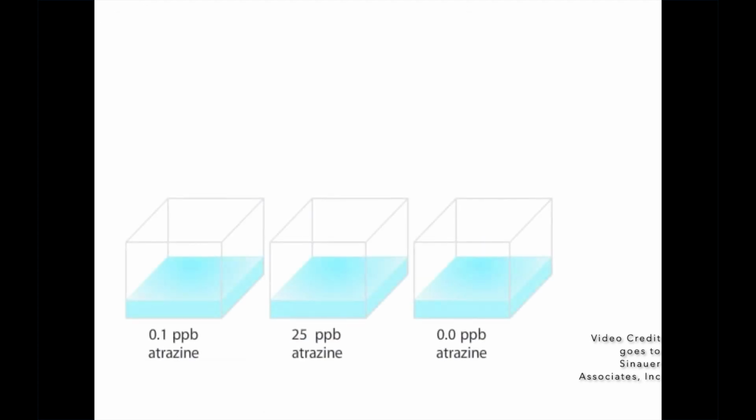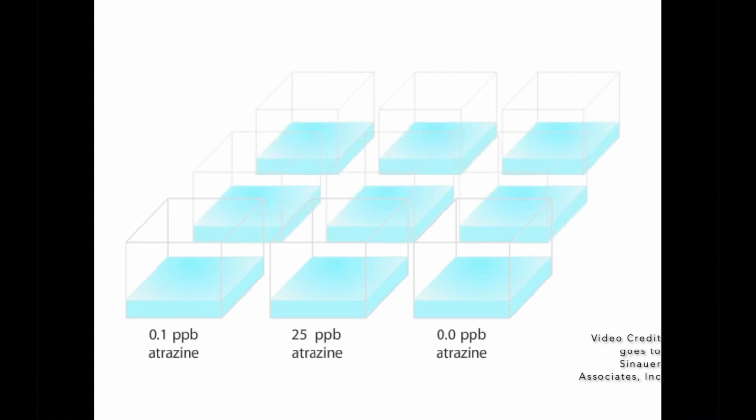Hayes and his associates established tanks in which all attributes were held constant, except the water's atrazine concentrations: 0.1 parts per billion atrazine, 25 parts per billion atrazine, and no atrazine. Each condition was replicated in 3 tanks, for a total of 9 tanks.